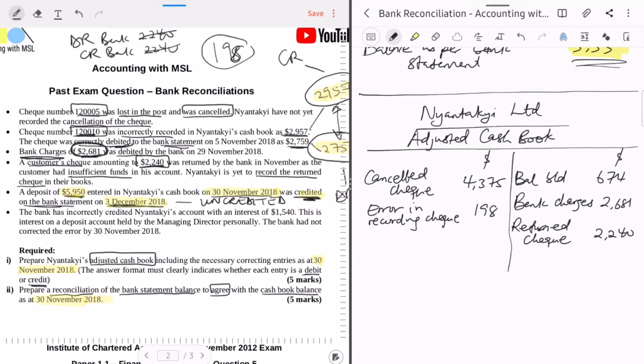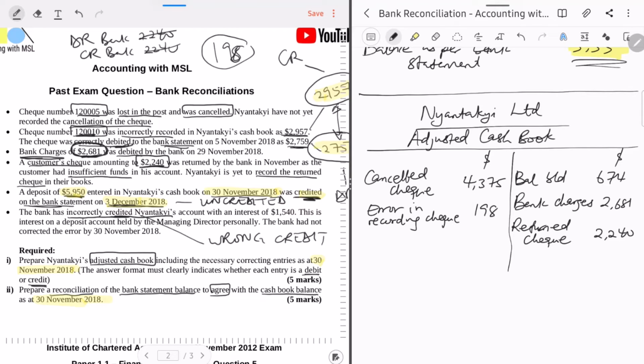So let's take note. We'll put it there. Then they are saying here, the bank has incorrectly credited Nyantechi's account. This can clearly be said to be what? Guess what? A wrong credit, because they have incorrectly credited. And you know that also appears on the bank reconciliation statement.